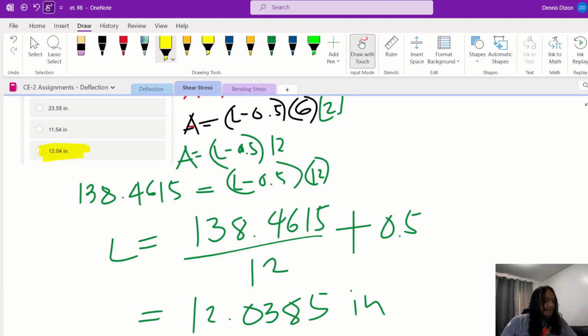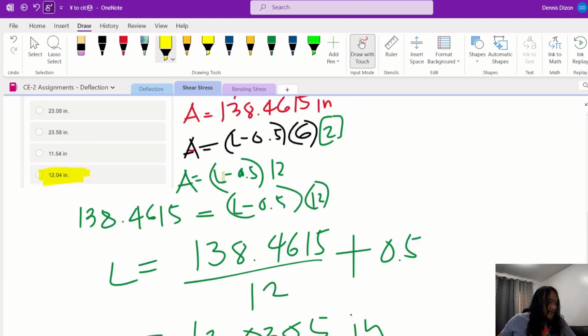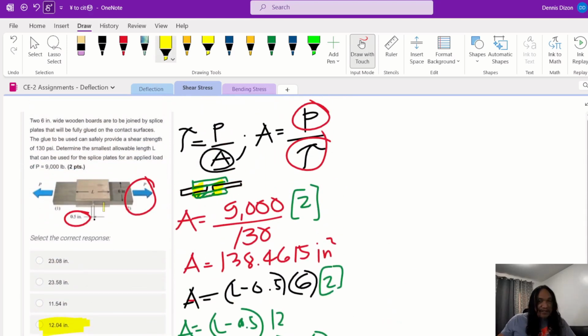So don't forget the 0.5, because you could get a wrong answer on this one if you forget the 0.5 gap, because the effective area is only left and right of the gap. So in finding the total length, you have to consider the gap as well.